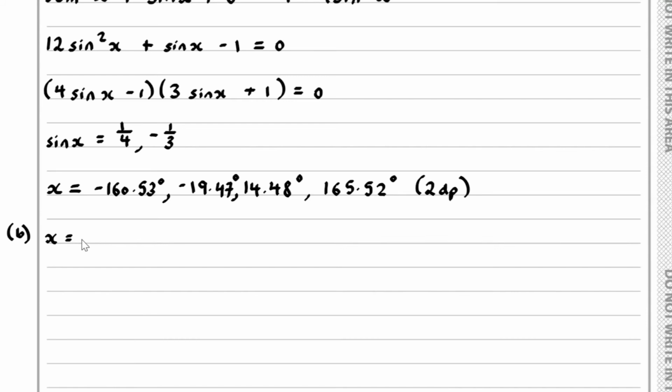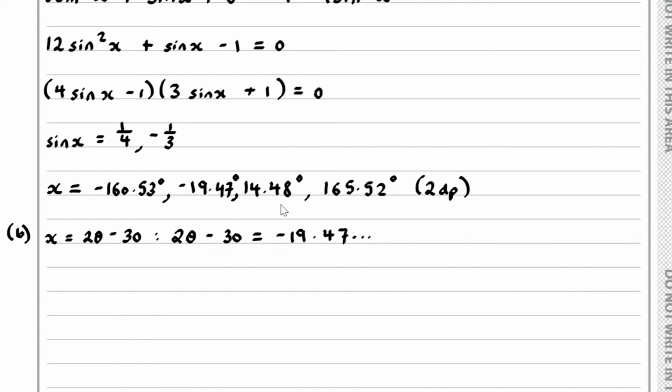So with x equaling 2 theta minus 30, well, what would give us the smallest positive value? Well, I need to set the 2 theta minus 30 equal to the minus 19.47, etc. This will give the smallest possible value.